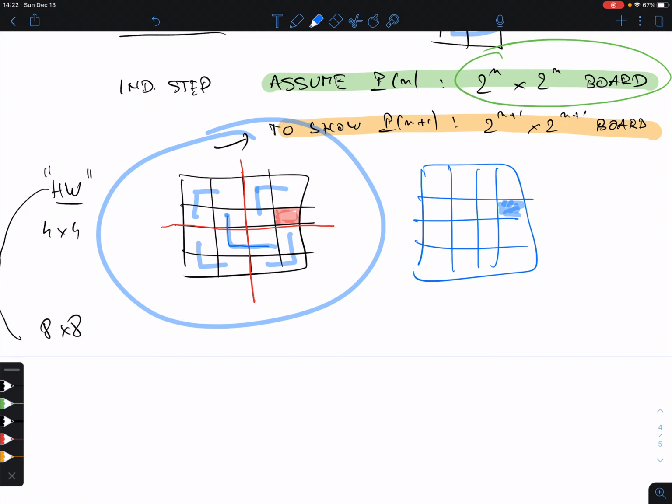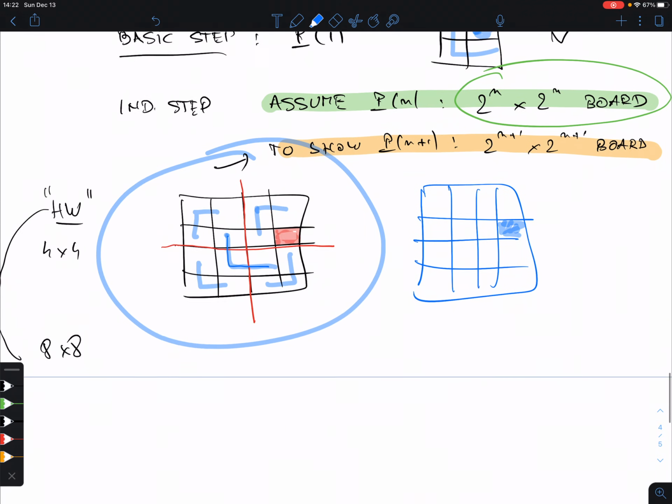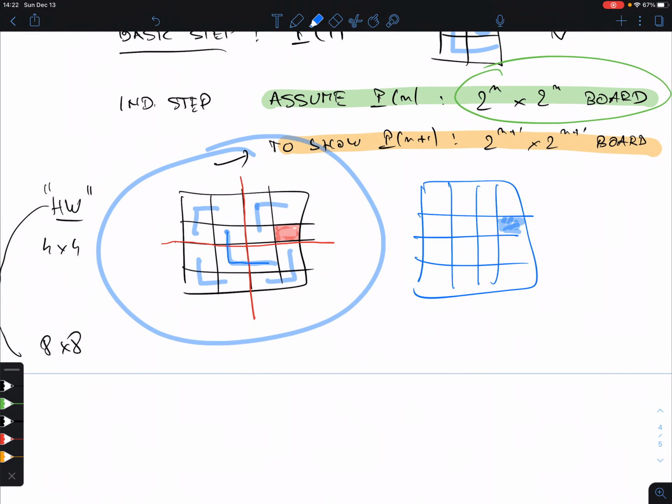Trust me, if you don't do the induction step and unravel it, it's going to take you a long, long time to cover generally an 8x8. It is not a simple problem. The 2x2 we saw right away. The 4x4 takes a little while. The 8x8, by just trial and error, could take forever, but we have a method, and it's in fact a very effective method, but that is something for discrete math too.